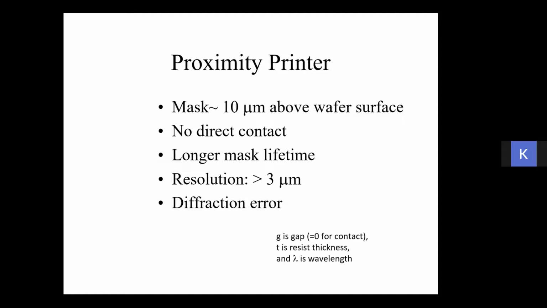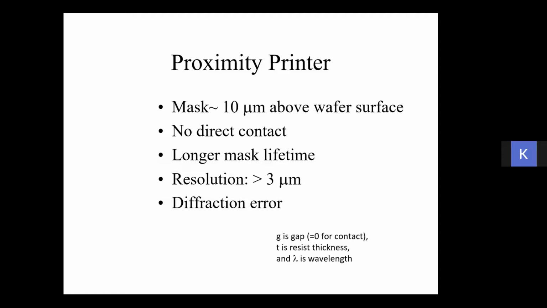And the main error that occurs is the diffraction error. I hope everyone knows what diffraction is. Whenever you have a slit and there is light passing through a slit, if the dimension of the slit is comparable with the wavelength of the light source, then diffraction occurs. Such type of error also occurs here, because your light source has wavelength in the micrometer region.